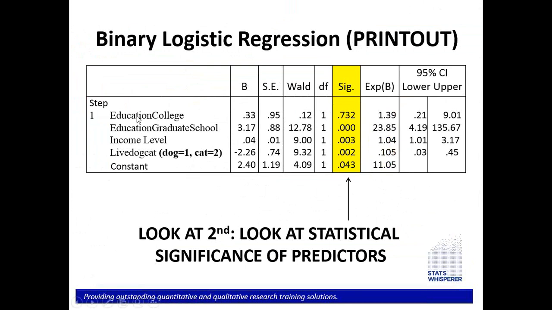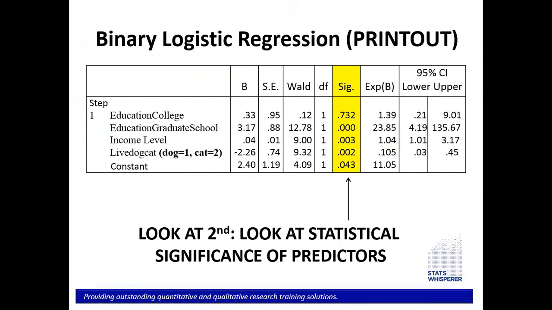However, you can see for education level college, the significance is 0.732, so it's no longer statistically significant. And that happens many times when you change the structure of the dependent variable, like going from continuous to dichotomous, the relationship between the predictors change for the dependent variable.